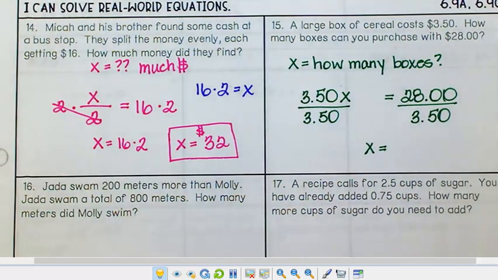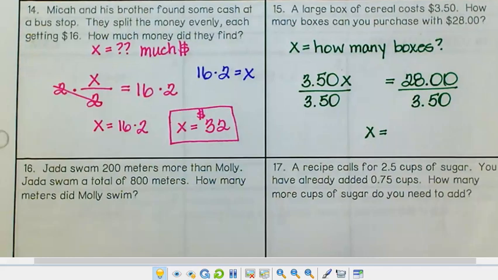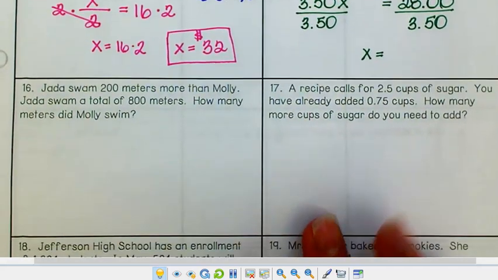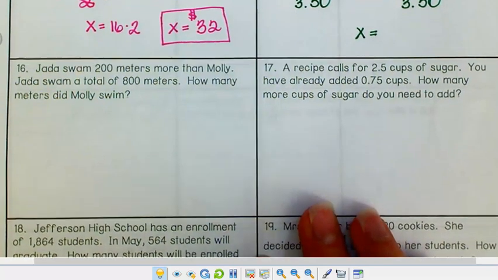Remember, if it cost $4 a box, we could buy 7. If for some reason cereal was super expensive and it cost $7 a box, we could only buy 4 because 7 times 4 is 28. Okay, so you need to find out how many boxes you can afford if the boxes are $3.50 a piece.